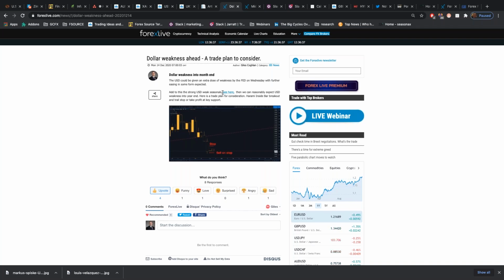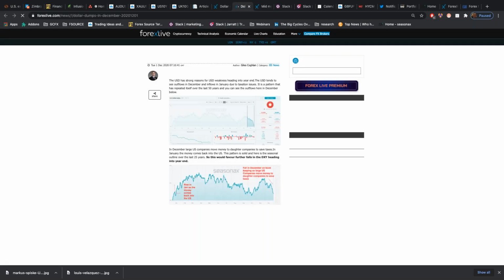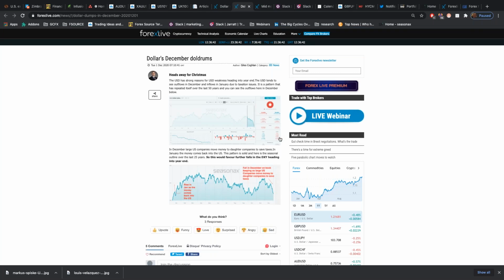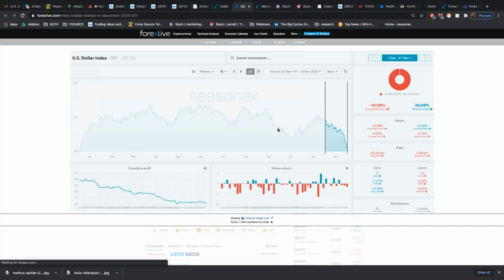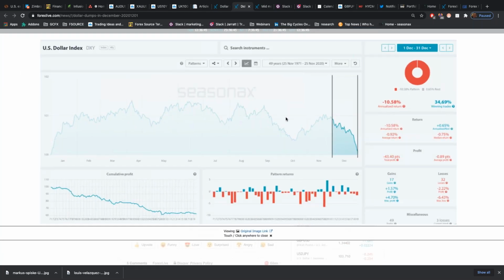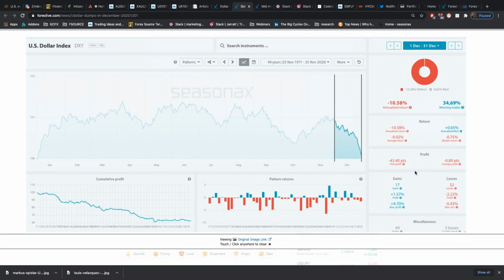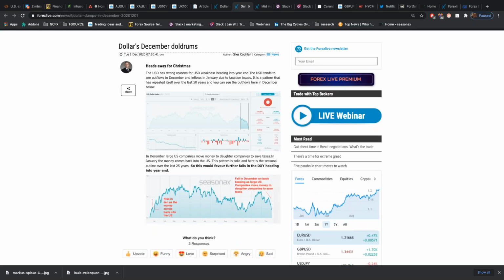Now, the US dollar has some very strong weak seasonals. So this is something to be aware of for the week ahead. If you take a look at this, this is the dollar index over the last 50 years. Can you see that the dollar index has a tendency to lose value in the month of December? The reason the dollar tends to lose value in December is very specific. It's not a coincidence.